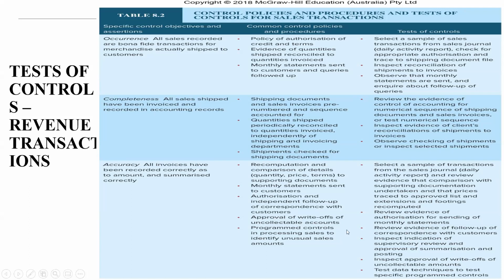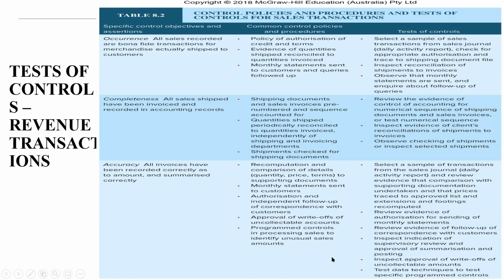So by going through this example, what I want to mention is, for different areas of test controls in the revenue cycle, you need to identify what are the assertions you want to focus on. For each assertion, there will be typical control points.